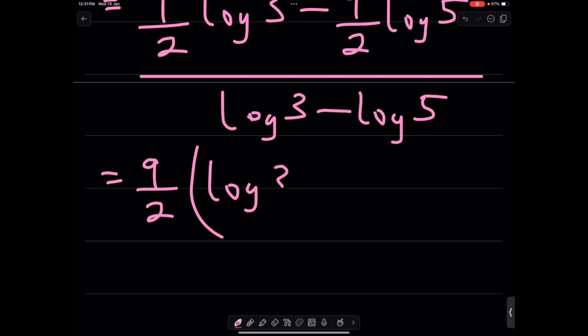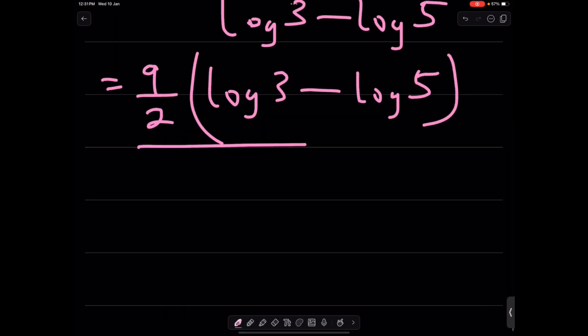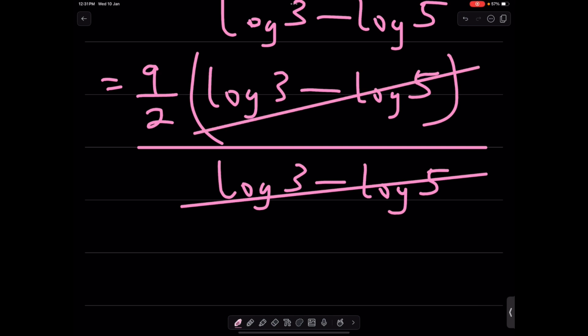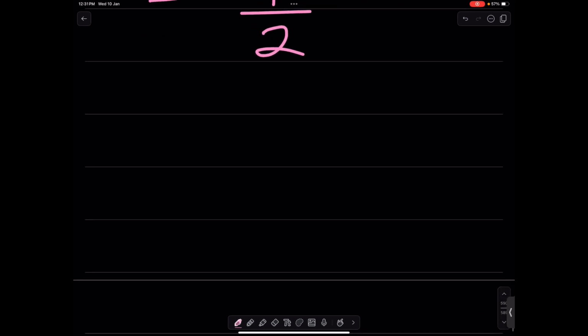That's 9 over 2 into bracket log 3 minus log 5, all over the same log 3 minus log 5. So log 3 minus log 5 cancels log 3 minus log 5, and the final answer is 9 over 2. And that's it, very, very simply.